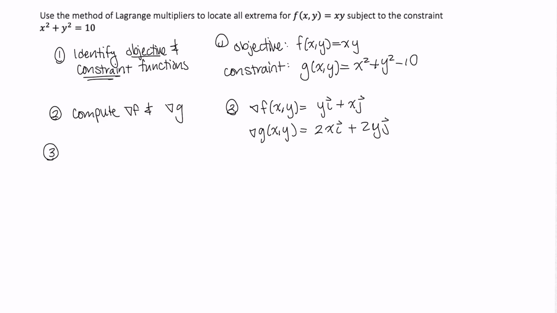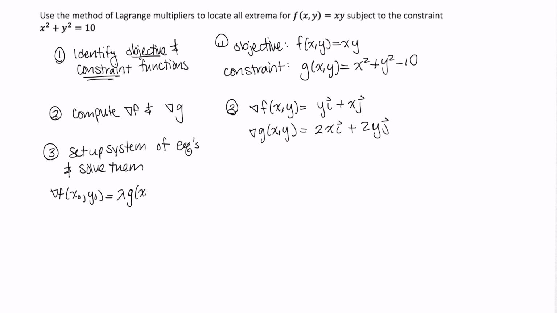Next, we're going to set up a system of equations and solve them. So our system of equations is going to be given by setting the gradient of f at a particular point equal to the gradient of the constraint multiplied by the Greek letter lambda.